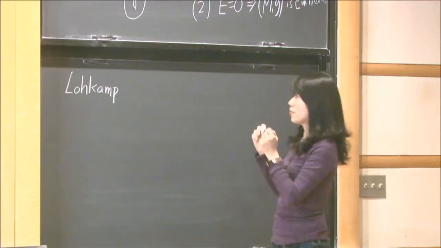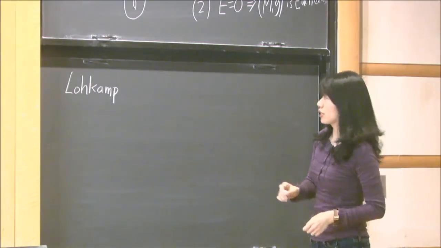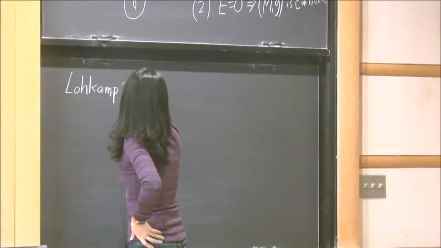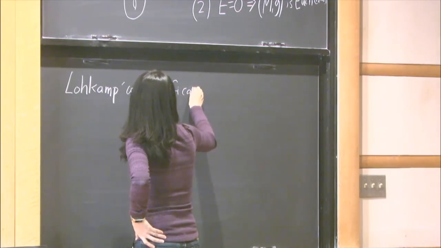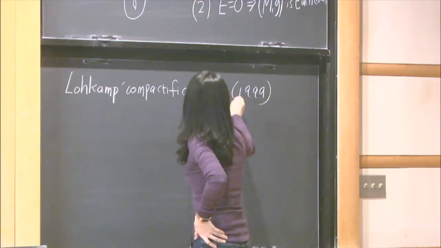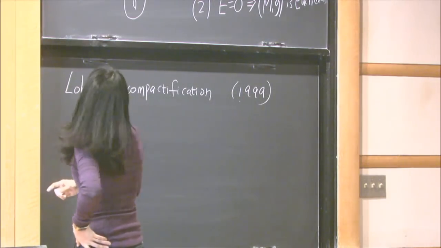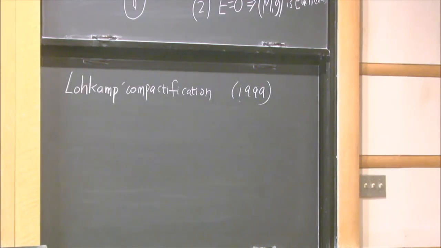So it's by contradiction: suppose the energy is negative, then this theorem is related to the torus theorem.